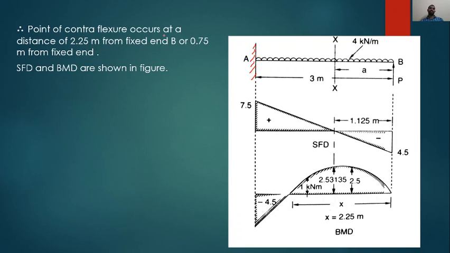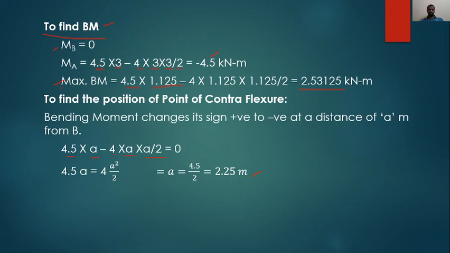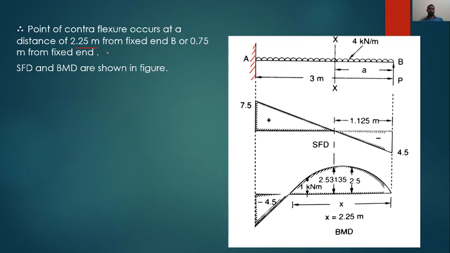Point of contraflexure occurs at a distance of 2.25 meters from the free end, and 0.5 meters from the fixed end. Now you can observe this. First one is the load diagram, second is the shear force diagram, and the third is the bending moment diagram.